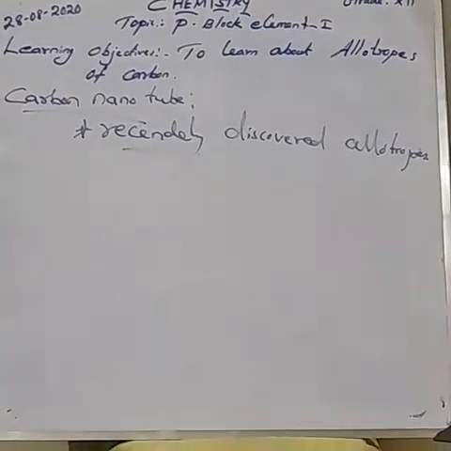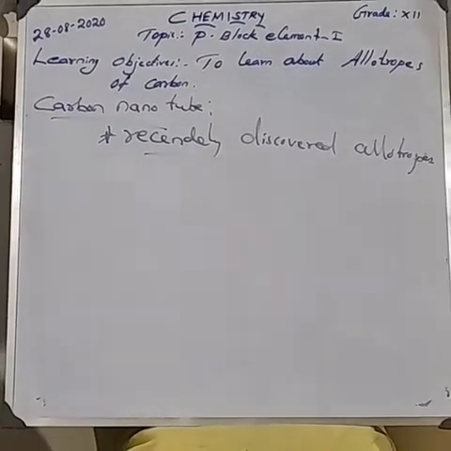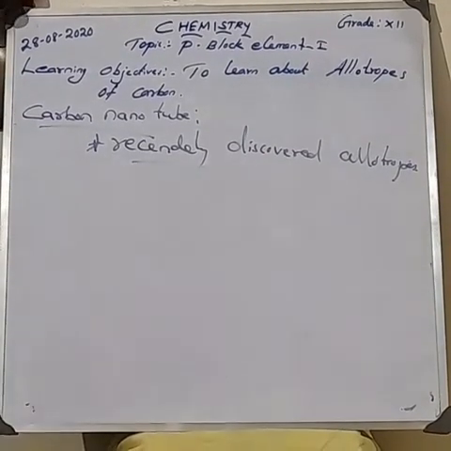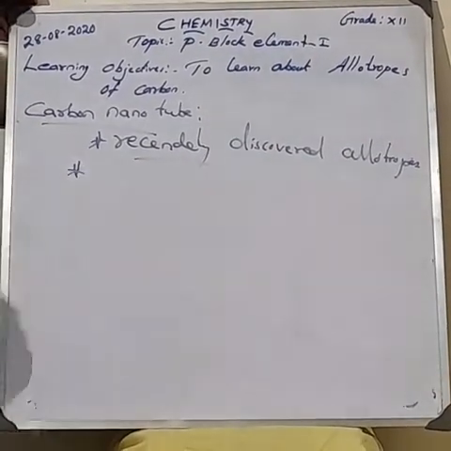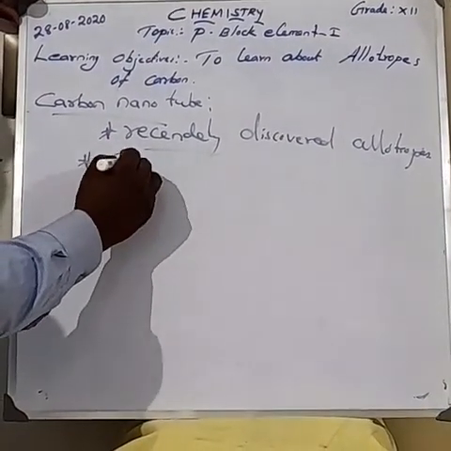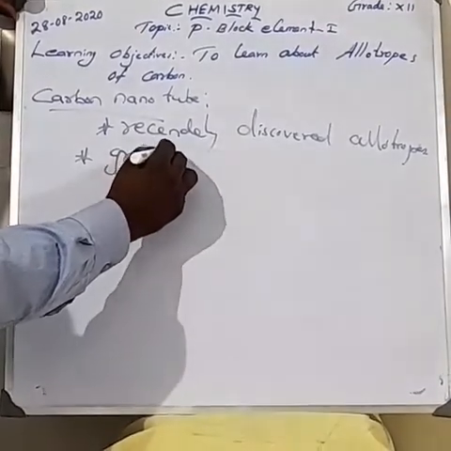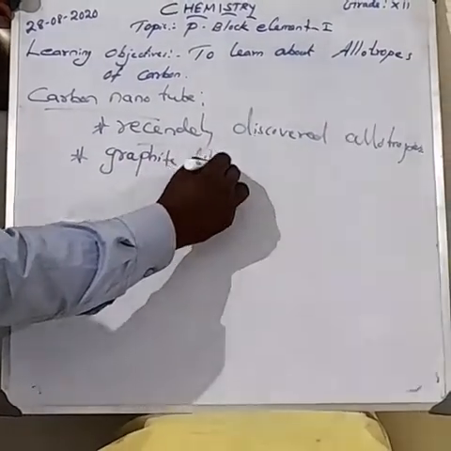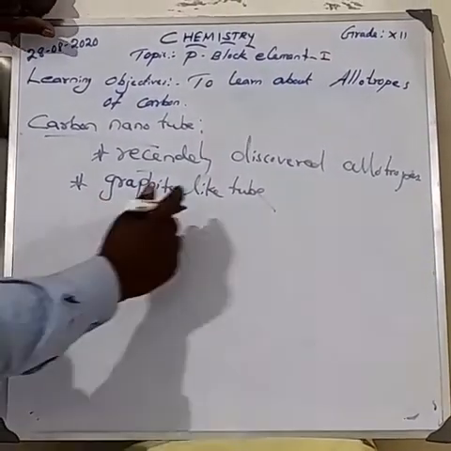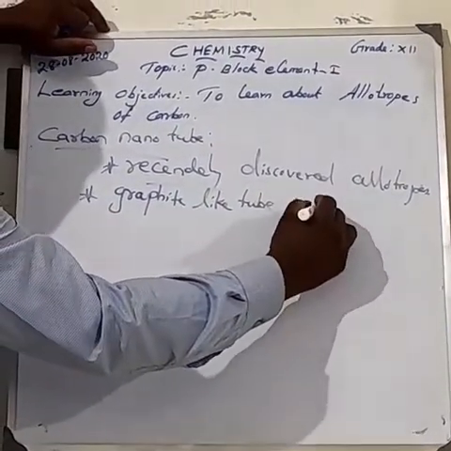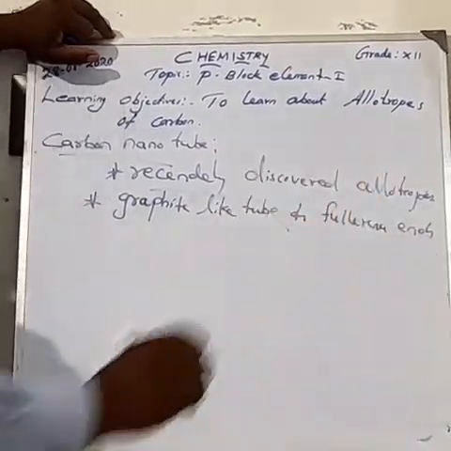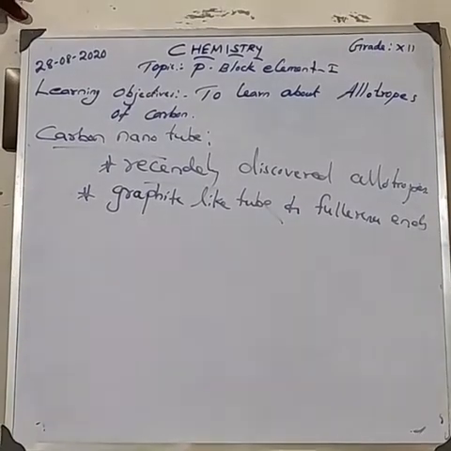They have graphite-like tubes and fullerene ends. One of the conditions: they have graphite-like tubes and fullerene ends.